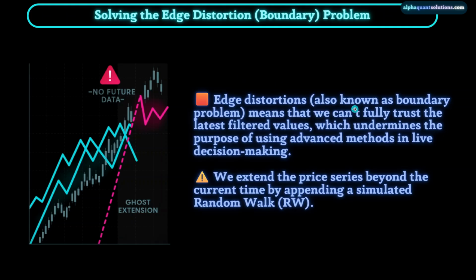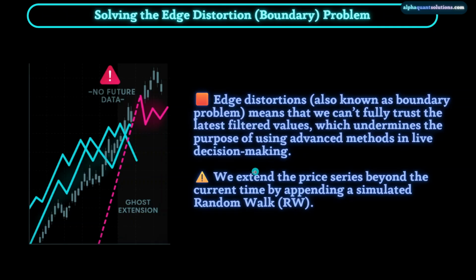So recall that the boundary problem or edge distortion that we are dealing with means that we can't fully trust the latest filtered values provided by the Butterworth filter, and this basically undermines the purpose of using advanced methods in live decision making.